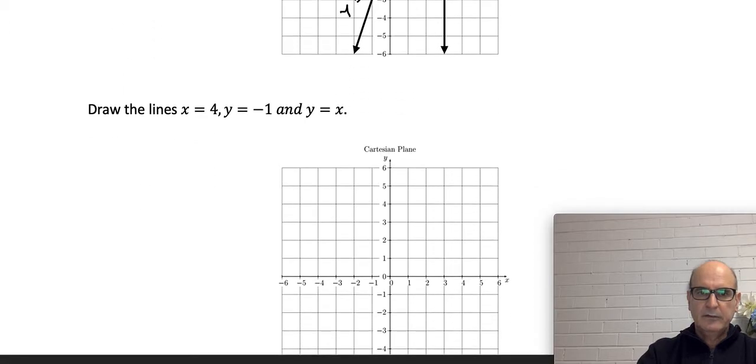Alright, another question. Now they are asking us to draw the line. Draw the line x equal to 4. We know that x equal to 4 is a vertical line. If x is equal to a number, we're talking about a vertical line, and its x-intercept is 4.